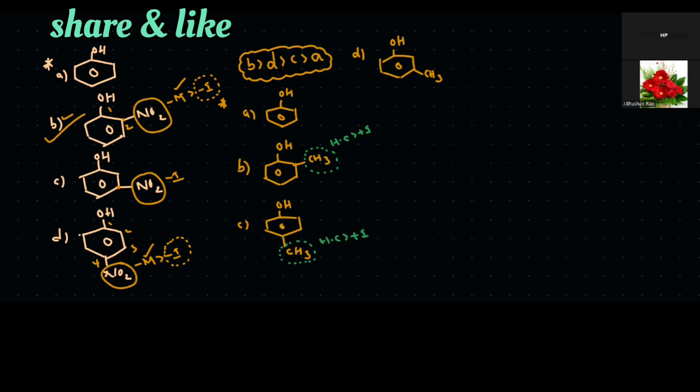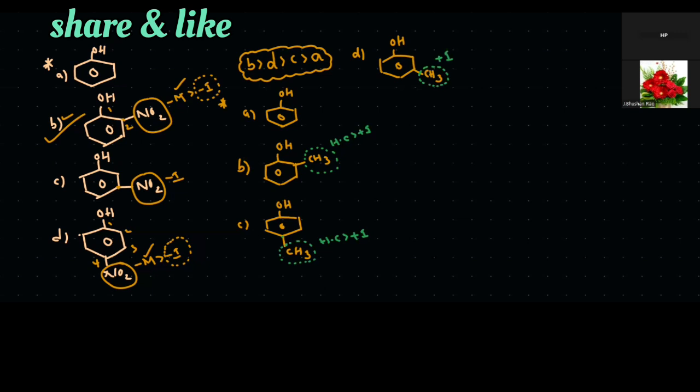Here one CH3 group is attached at the meta position. At the meta position, if any group is attached, it is always inductive. In that case the CH3 group acts as a plus I group only. Now, these are all releasing groups only. So B, C, D are all releasing groups.